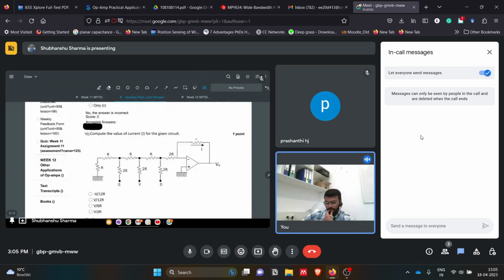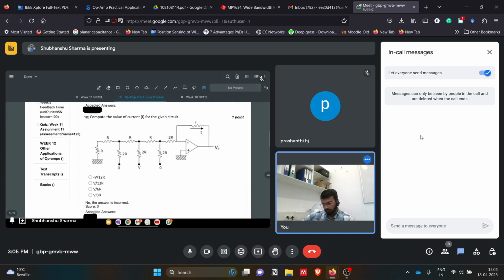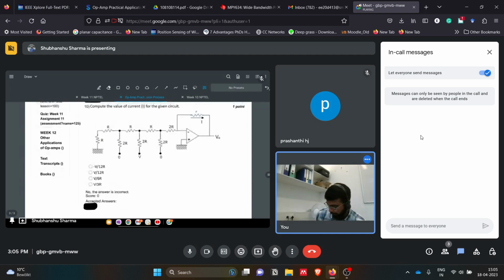Tenth: compute the value of current I for the given circuit. So in this question, the value of I we have to calculate. So how will we do it?